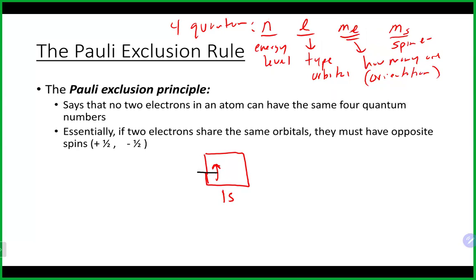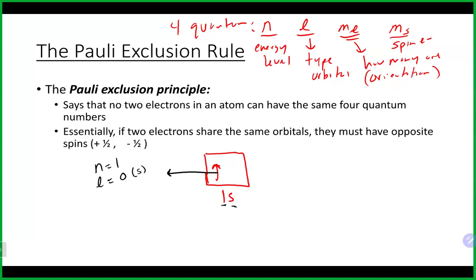If we were going to do, for example, this first electron we just did, N would equal 1 in this case because, frankly, it's on the first energy level. L in this case would equal 0. And what does L equals 0 mean? It means you're talking about an s orbital, which is where this electron's in.